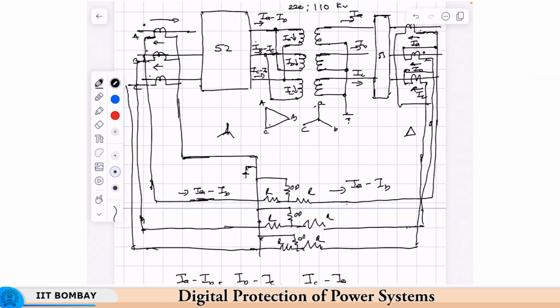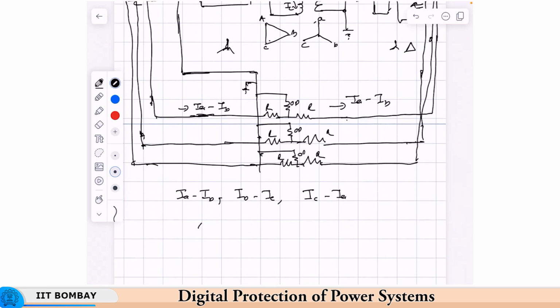Sometimes it may not be possible to get these main CTs in star and delta. Then, if you have a delta star CT here also, you use what is known as an auxiliary CT or an interposing CT, which is then itself a star delta. The idea is that in the restraint winding you should have the same currents flowing.